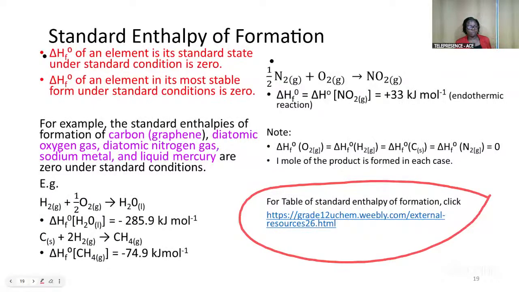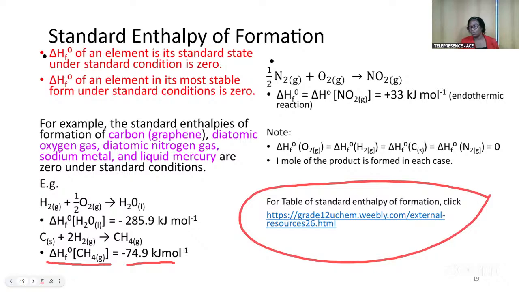Now, if you want to form CH4, the product must always be 1 mole. So you will have 1 mole of carbon in solid form and 2 moles of hydrogen gas, giving you CH4.